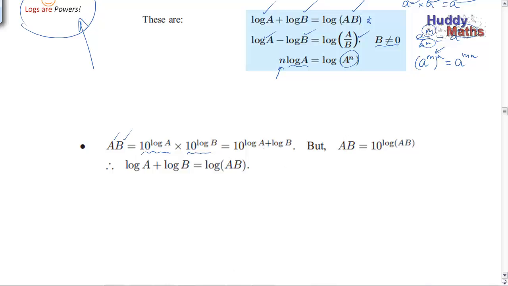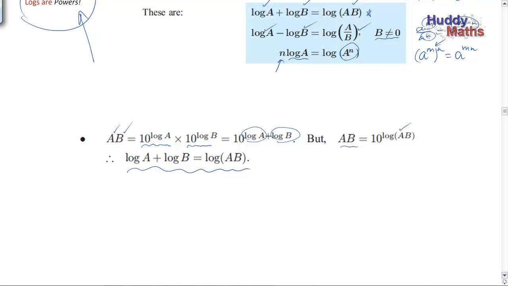You would then add the powers, because that's a power rule, and therefore AB is 10 to the log of A plus the log of B, or 10 to the log of AB. Adding the powers, log A plus log B, would give you the log of AB. That's a nice little proof.